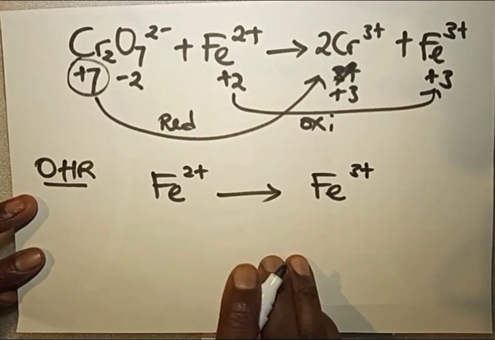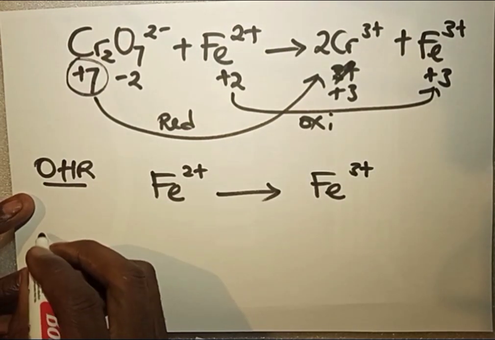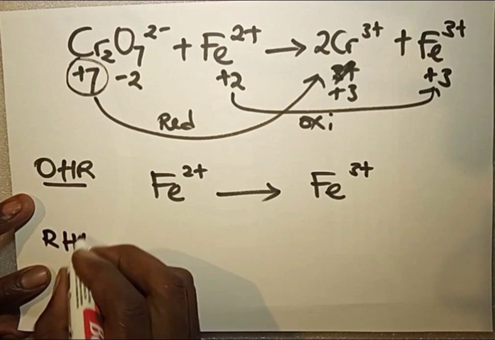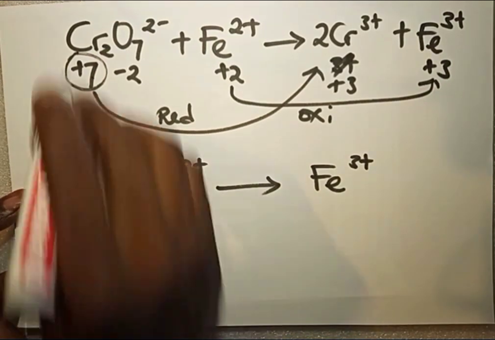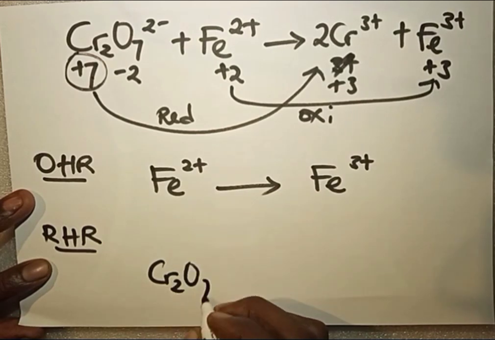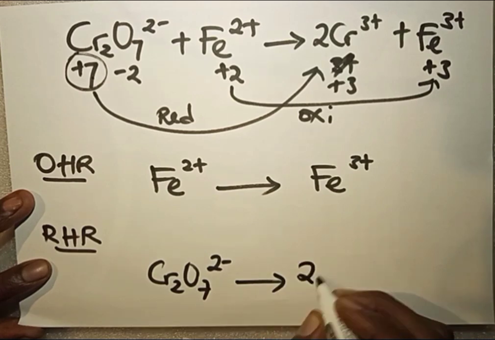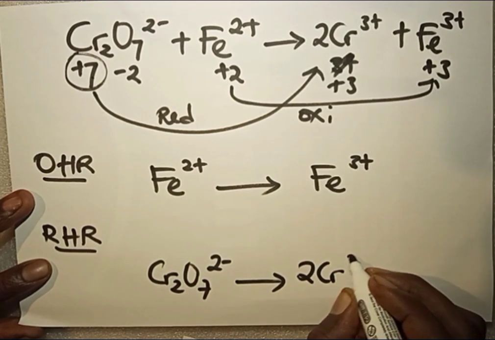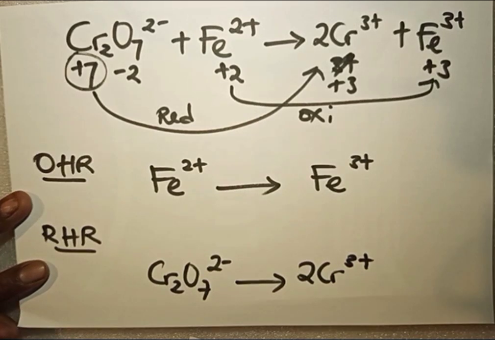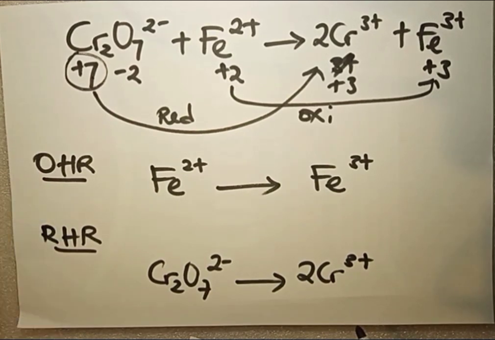Then the other one will be the reduction half reaction, which is this, which gives this. Wonderful. So we'll follow the same procedure that we used in the first example of the acidic medium.